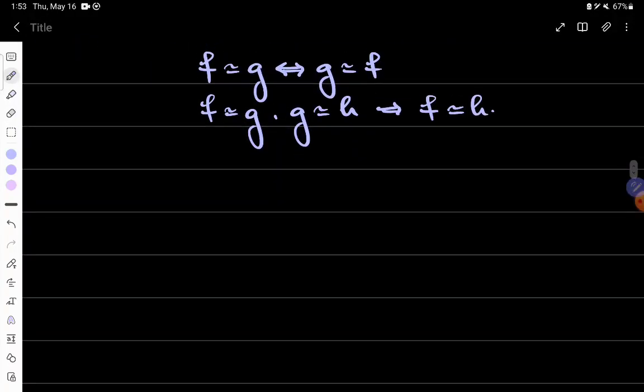Now I want to talk about this notion where we say that spaces are homotopy equivalent. So let me introduce this definition.